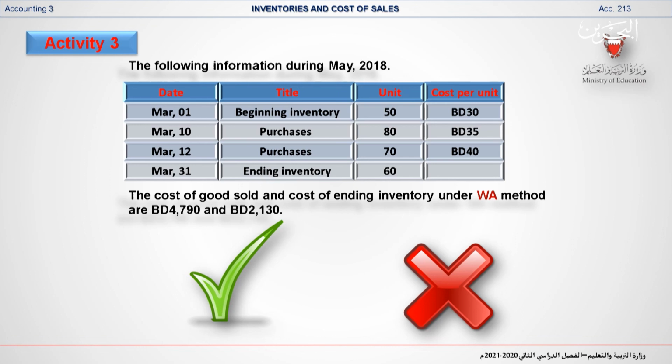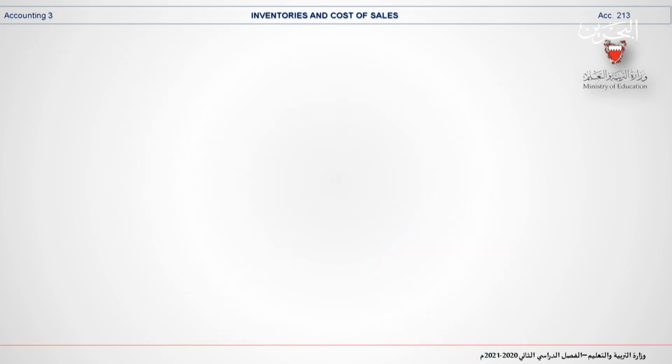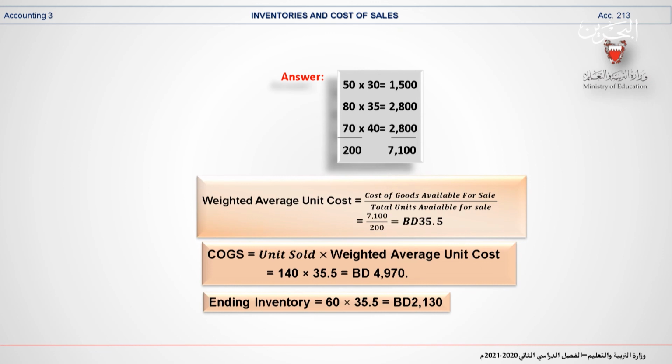Do the calculation yourself. This calculation should be false. The calculation is false for the cost of goods sold, which should be 4,970 BD, calculated in the way mentioned here.